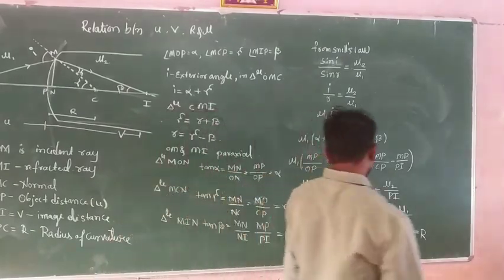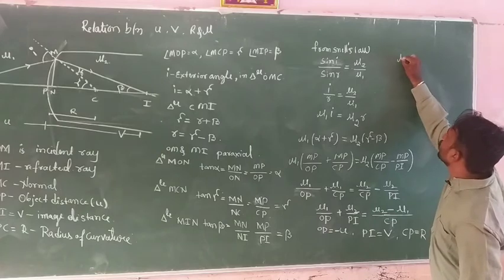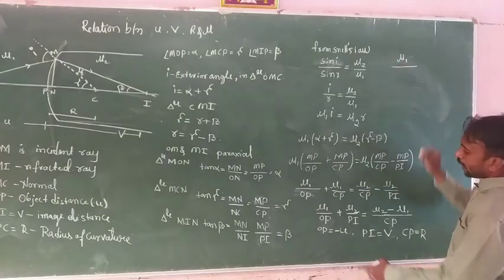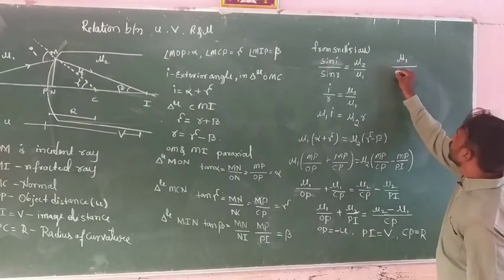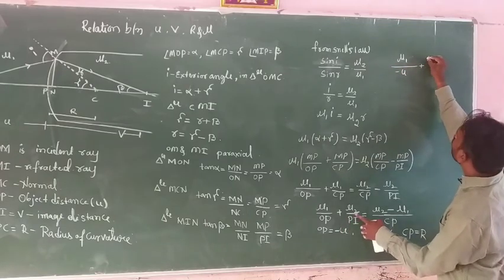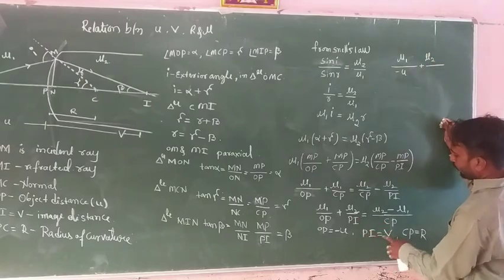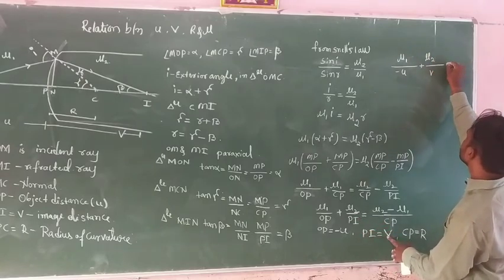So here mu1 divided by OP, OP meaning minus U, plus mu2 divided by PI, PI meaning plus V, the image distance.